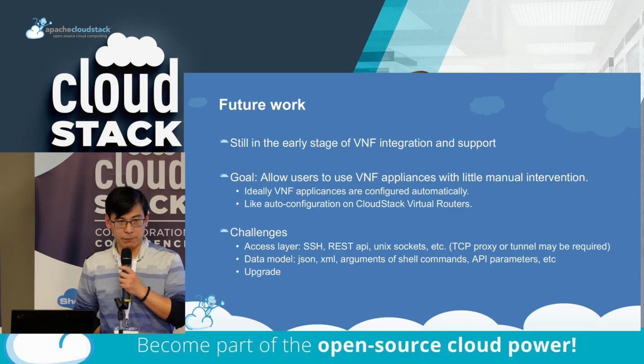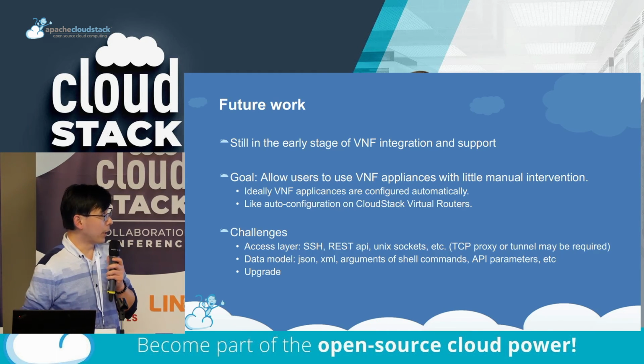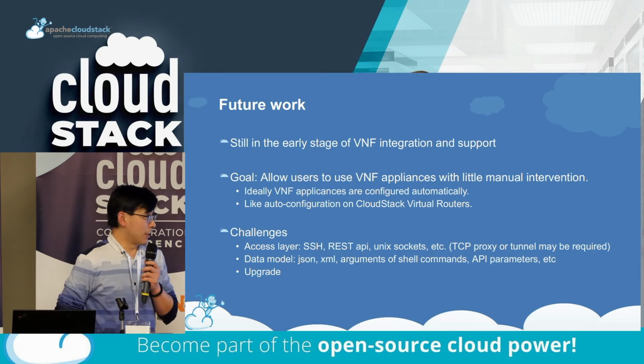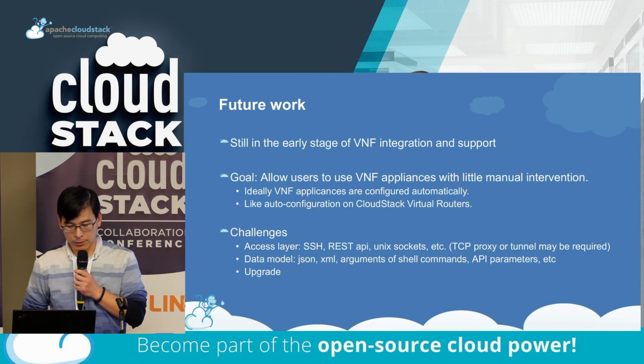Ideally, the VNF appliance can be configured automatically, like we currently have on CloudStack VR. However, there are some challenges because there are many types of VNF images, and there are many ways to access them.